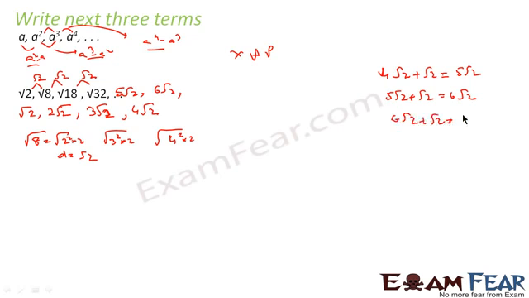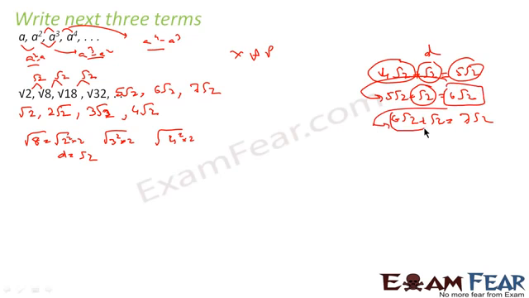What I have done is, to the last term I have added D, then taken this term and added D again, and again on the next. So my next 3 terms are 5 root 2, 6 root 2 and 7 root 2.